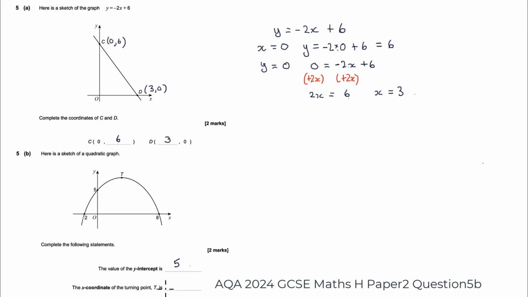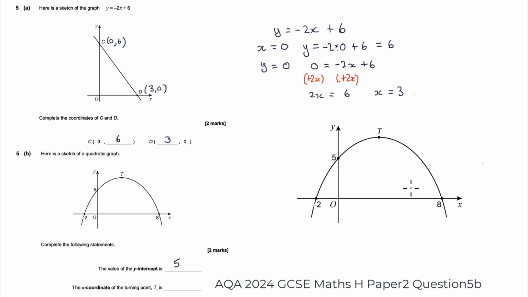We've also to find the x-coordinate of this turning point. Now, if we look at a diagram of this, the thing about a quadratic graph like this, it's called a parabola, and it has symmetry. And the symmetry it's got is this axis, you can see I've drawn it in faintly there, vertical axis, and it passes through this turning point.